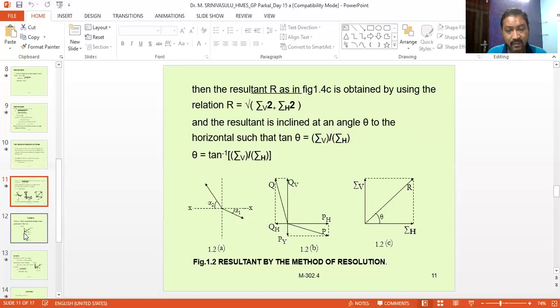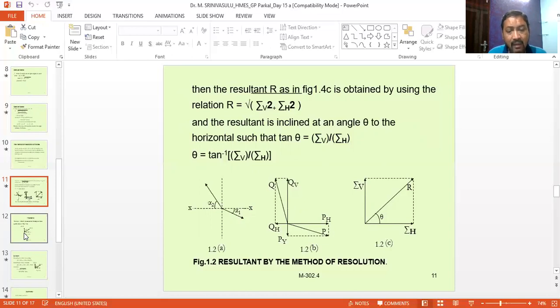Coming to the vertical component QV, QV is Q sin alpha 2. It is acting upwards, in the positive y direction, so it is a positive value.